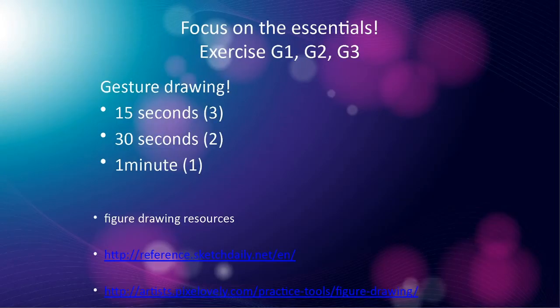So this is where maybe we practice some gesture drawing. Not with your little figure, but with some online resources. I have some references, some websites here that we can try out. So we can do a few of these for 15 seconds, really, really fast. And then a couple of 30 seconds, and then one for 1 minute.